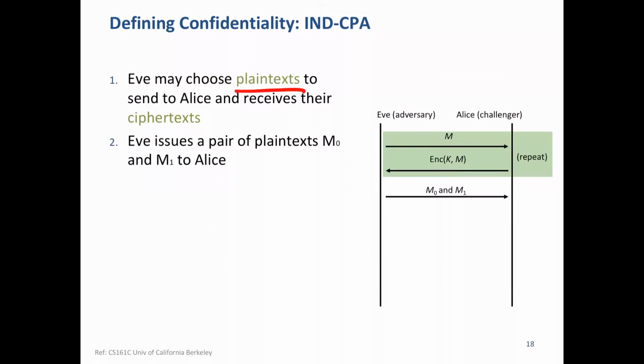Eve chooses a plaintext to send to Alice and receives the ciphertext. Note that Eve is in between, and her intent is just to decipher or read what Alice is sending. But she is able to trick Alice into encrypting the message and sending it back to her.